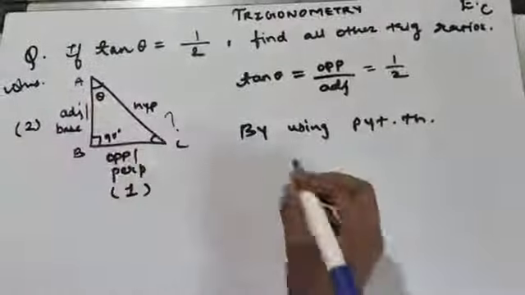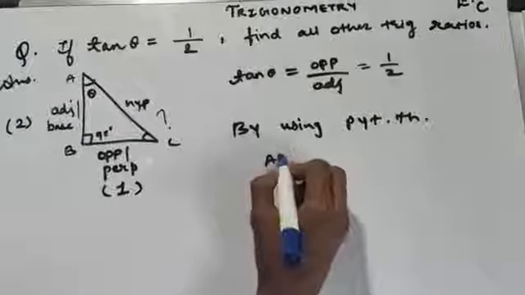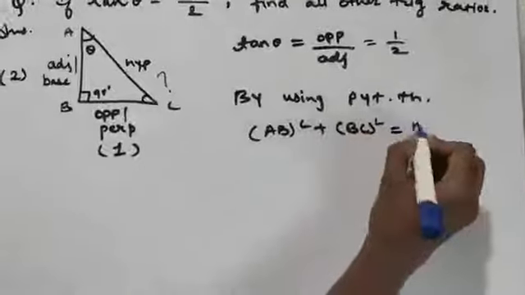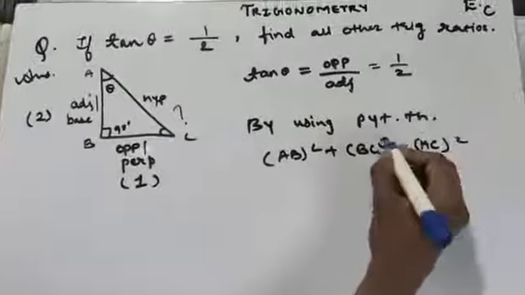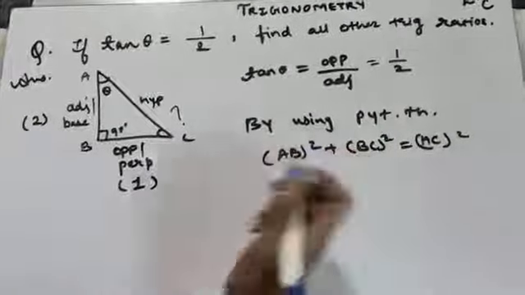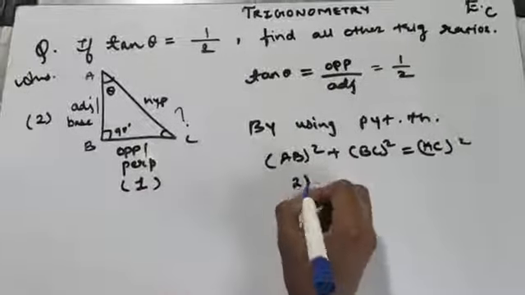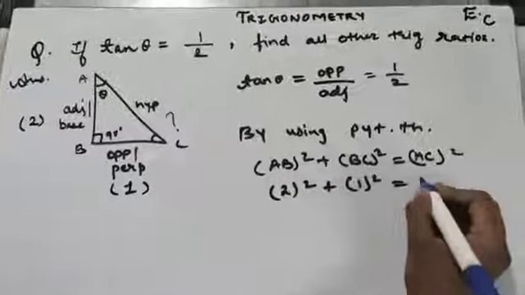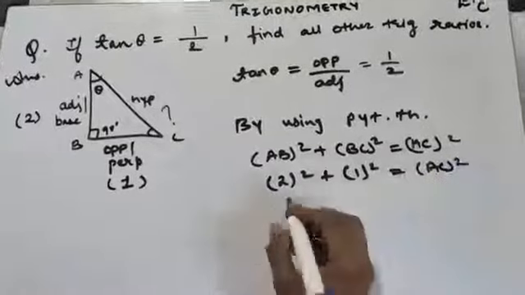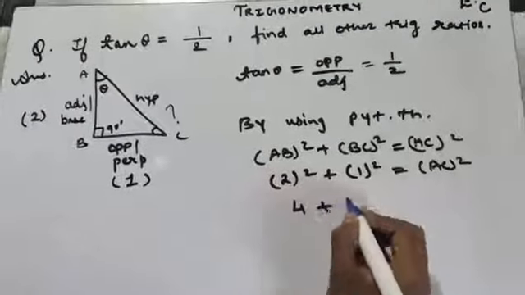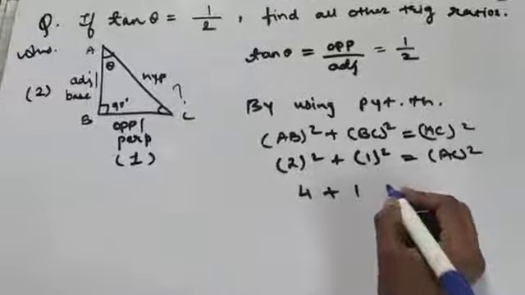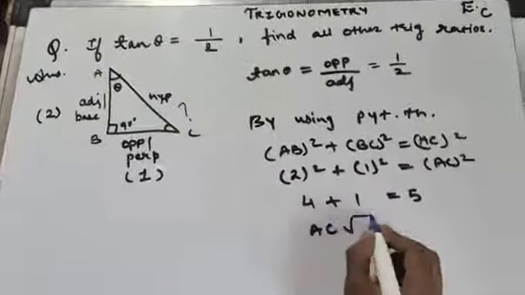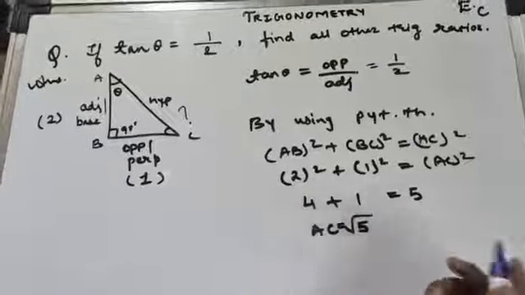AB square plus BC square is equal to AC square. We very well know the Pythagoras theorem. So what is AB? 2. So 2 square plus BC, that is 1 square, is equal to AC square. Square of 2 is 4, square of 1 is 1, which is equal to 5. So AC will be equal to root 5.